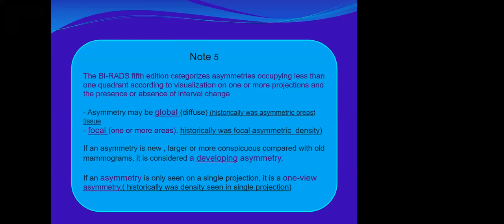And if an asymmetry is only seen in a single projection, it was previously called a density seen in a single projection, and now is called a one view asymmetry or an asymmetry.